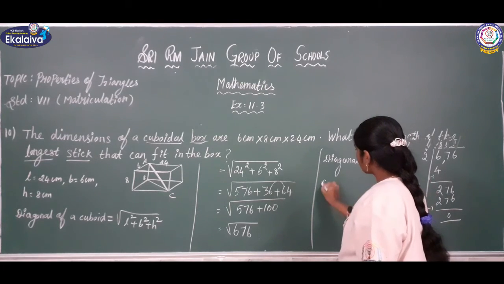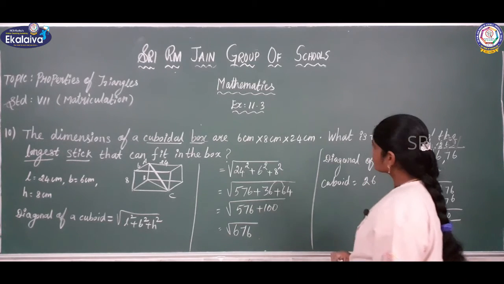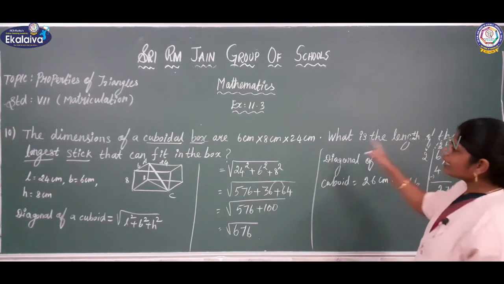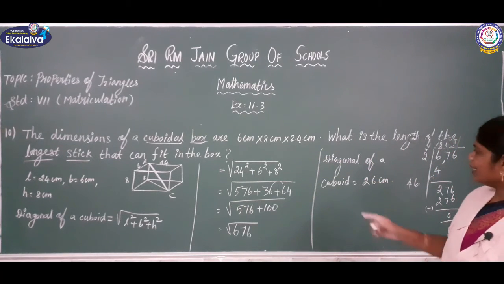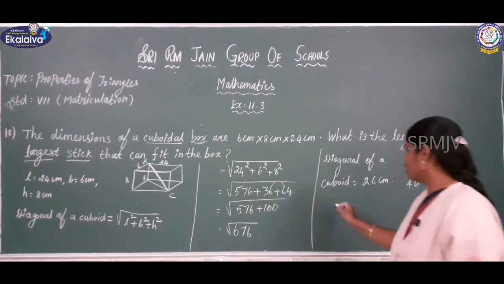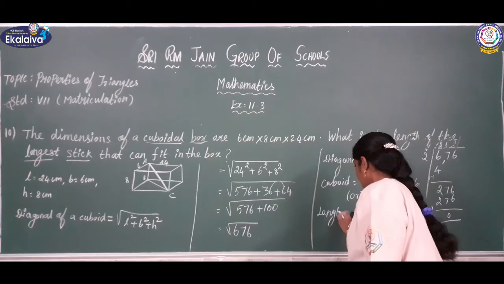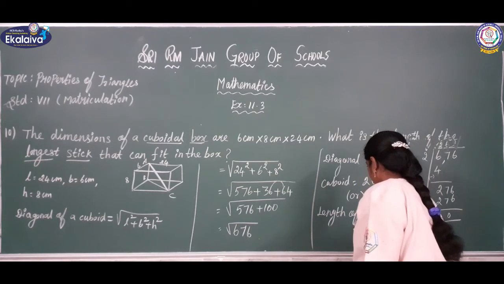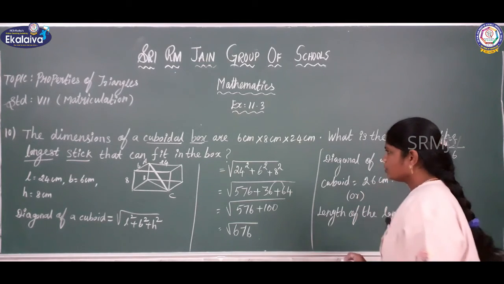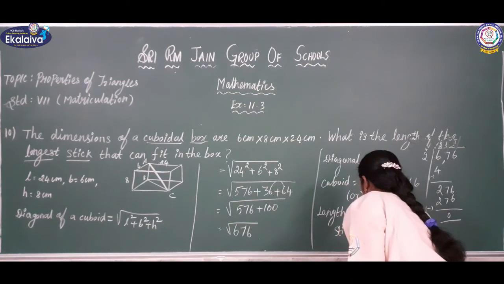So diagonal of a cuboid equal to 26 centimeter. What they asked is the length of the longest stick. The length of the longest stick represents the diagonal of a cuboid, or you can write length of the longest stick equal to 26.